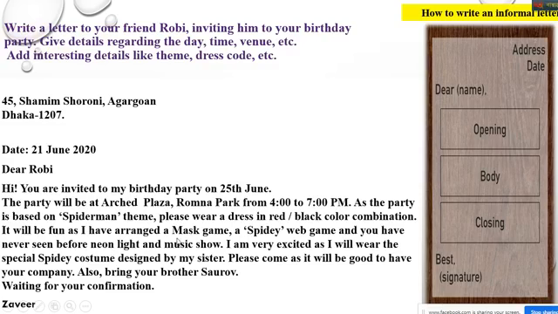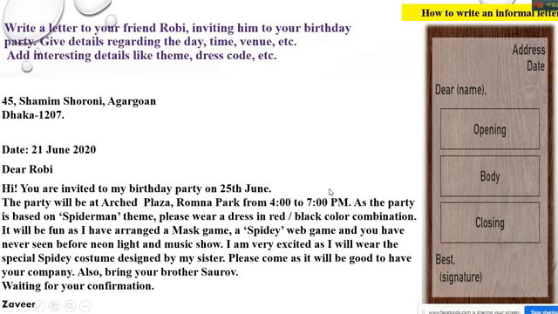I have arranged a mask game, a spidey web game, and a neon light and music show you have never seen before. I'm very excited as I will wear the special Spidey costume designed by my sister. Please come as it will be good to have your company. Also bring your brother, show up, waiting for your confirmation, Jabir.